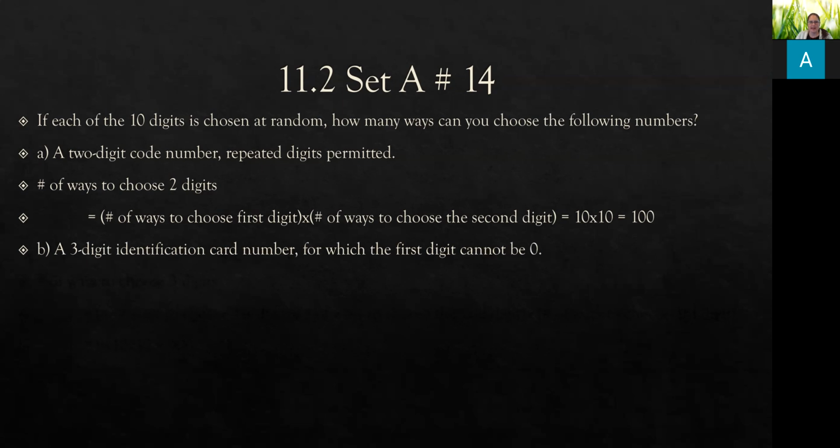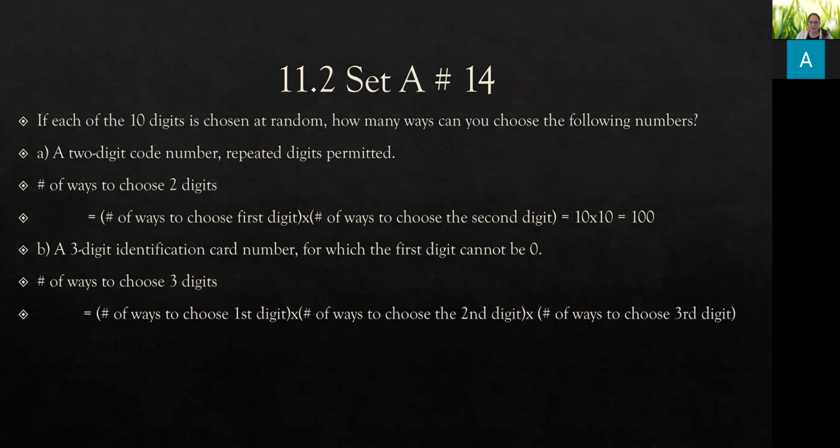Part B is a 3-digit identification card number where you're not allowed to use a 0 as the first digit. So again, we're going to use that fundamental counting principle. The number of ways to choose the 3 digits is the number of ways to choose the first digit times the number of ways to choose the second digit times the number of ways to choose the third digit.